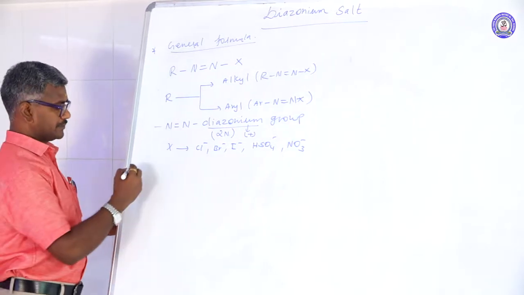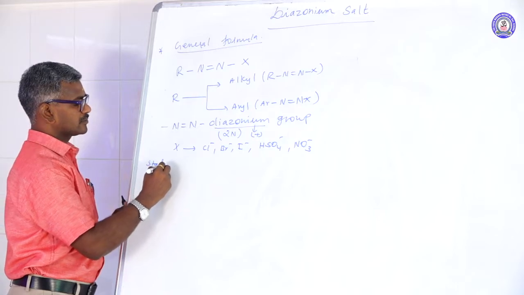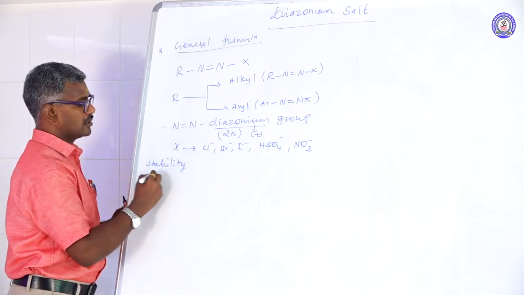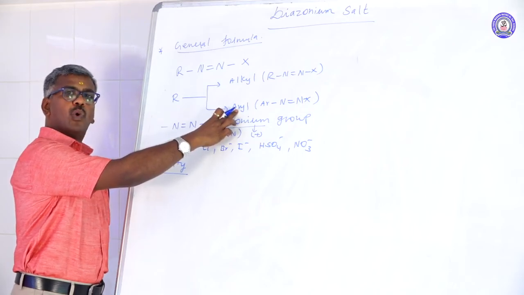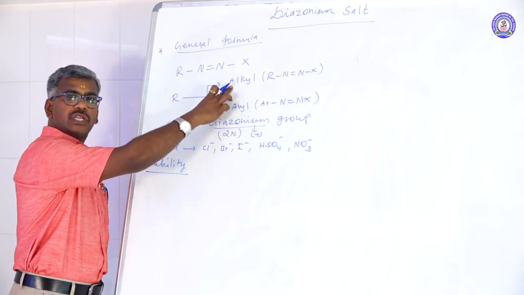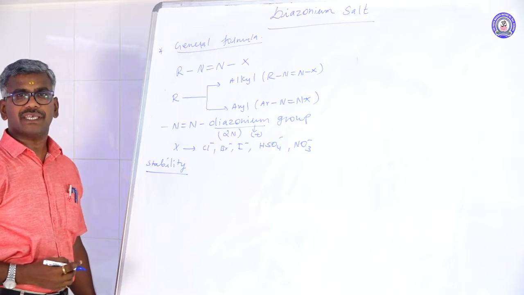Next, stability. Aryl diazonium compound is more stable than alkyl diazonium compound due to stabilization by resonance.